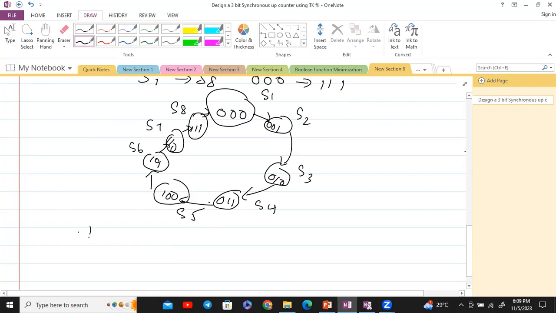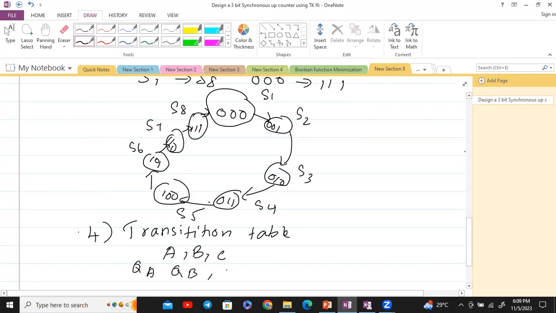Step 4 is how to write the transition table. To write the transition table, we have to consider all the flip-flops, right? How many flip-flops do we have? A, B, C, 3 flip-flops. What are the present state inputs? QA, QB, QC. These are the present state inputs.